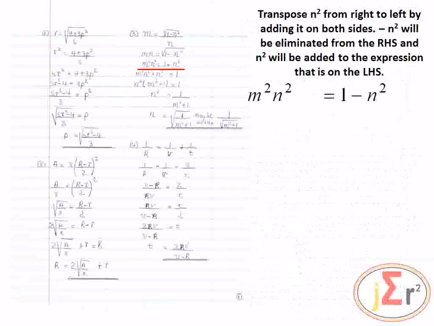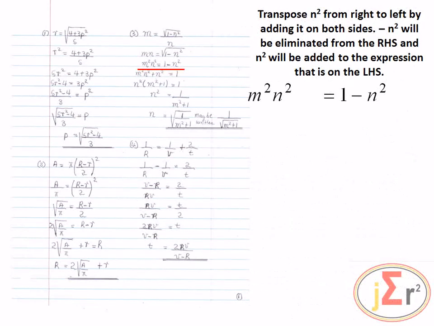So let us take the necessary step. Transpose n squared from right to left by adding it on both sides. N squared will be eliminated from the right hand side, and n squared will be added to the expression that is on the left hand side.